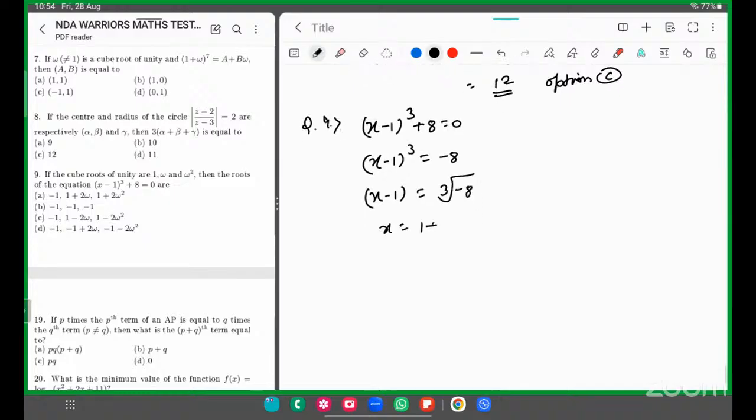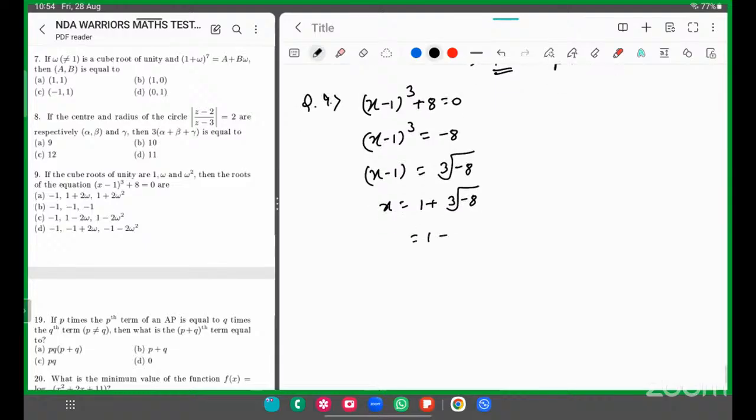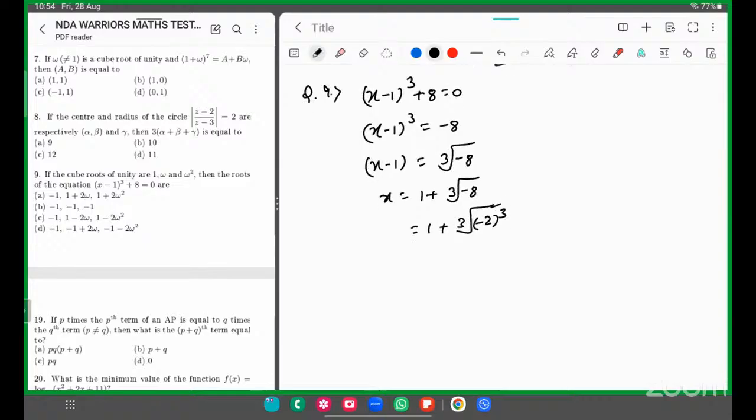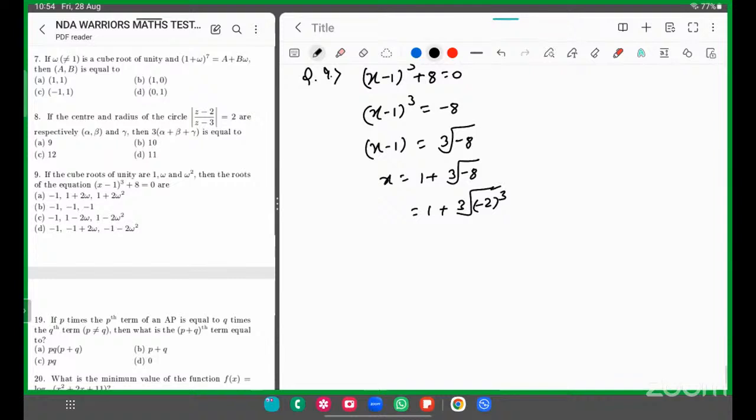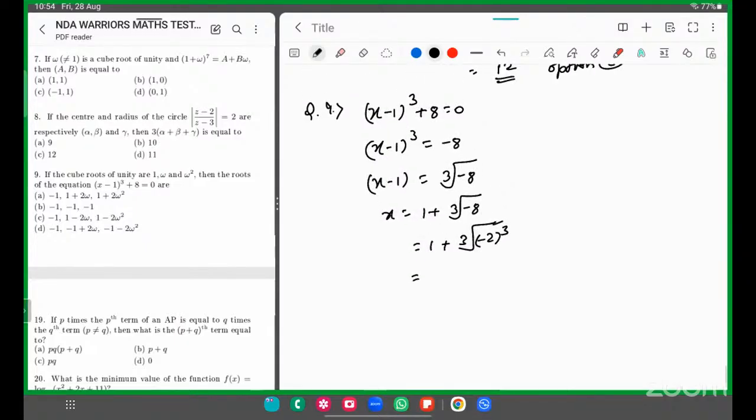Then x can be written as 1 plus the cube root of minus 8. Cube root is going to give you 3 roots. Directly we cannot take this value. We need to be careful. Cube root means you have to get 3 roots here. That is important.